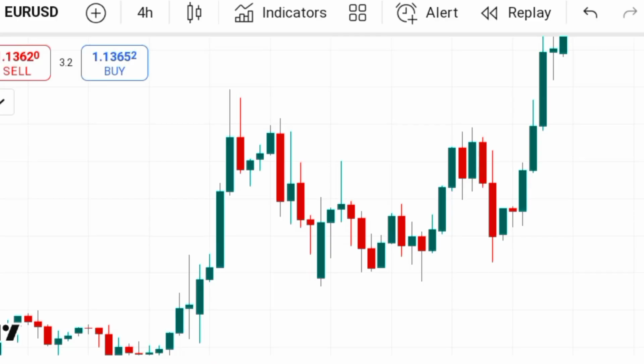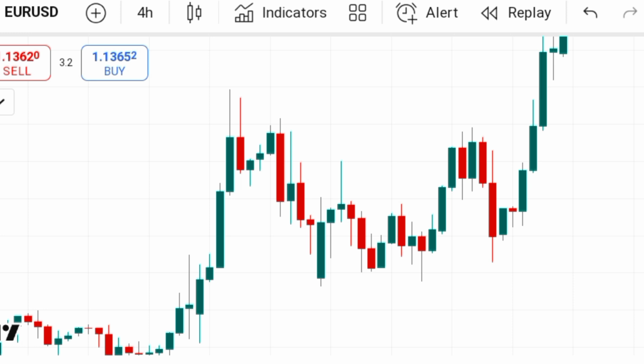So let us go to the chart. Let's show you how you can do these things step by step. On H4, I'm going to turn my chart from a normal candle to a Heikin Ashi candle. I'm using my H4. The reason why I'm going to do this is for me to know the trend of this market. Then once I'm done with the trend of this market, I have to move down to my H1.